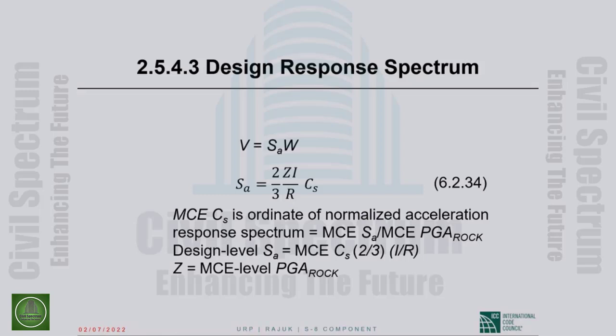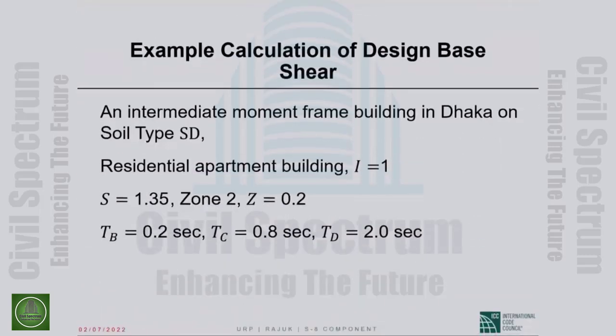So V is equal to S sub A times W, and S sub A is given by 2/3 ZI over R times C sub S.